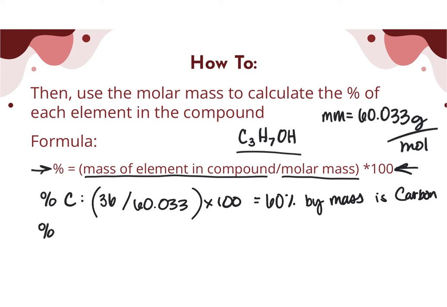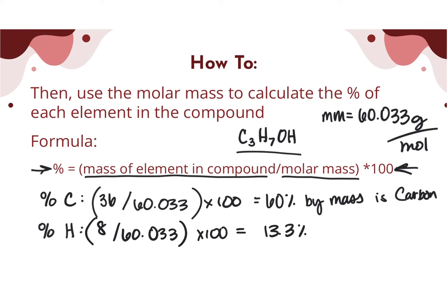The way we would do the percent of hydrogen, again, we're taking that number for hydrogen, which would be 8, divided by that total molar mass times 100, would give us 13.3% by mass. I'm not going to write out the rest of hydrogen. And then I'm going to do the percent of oxygen just the same way.